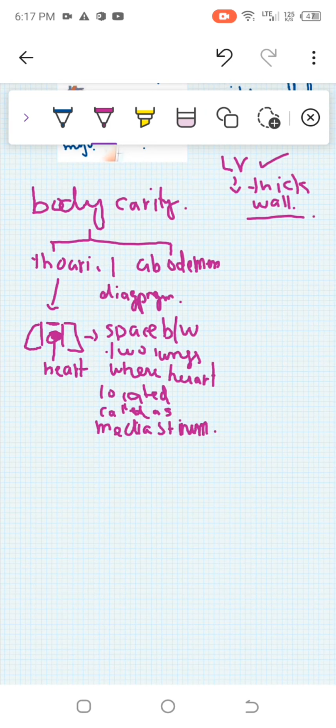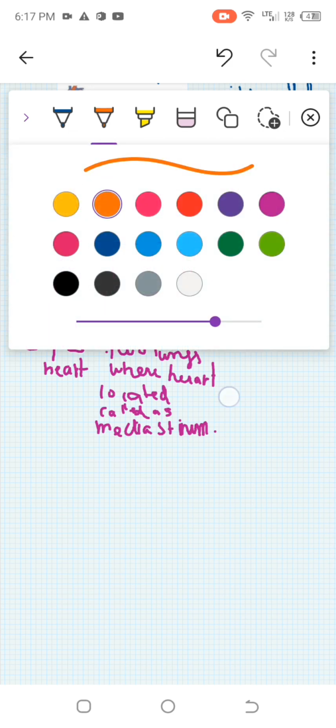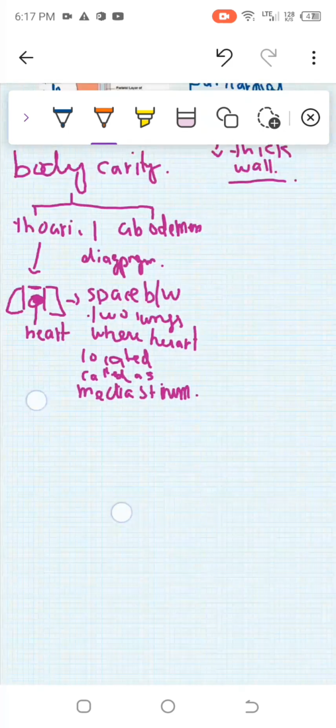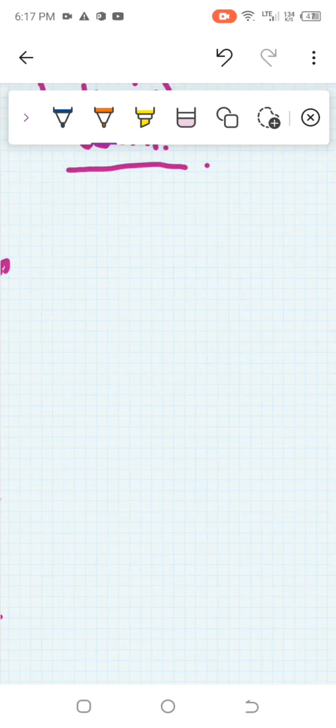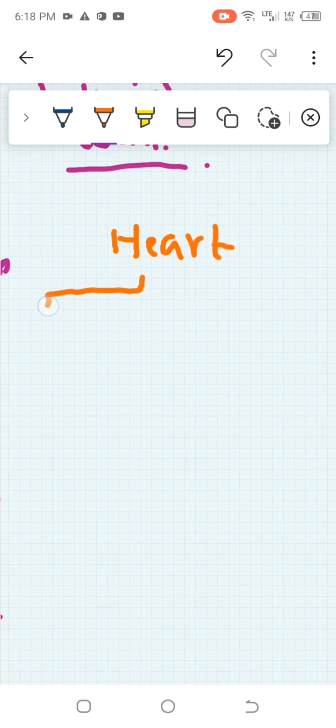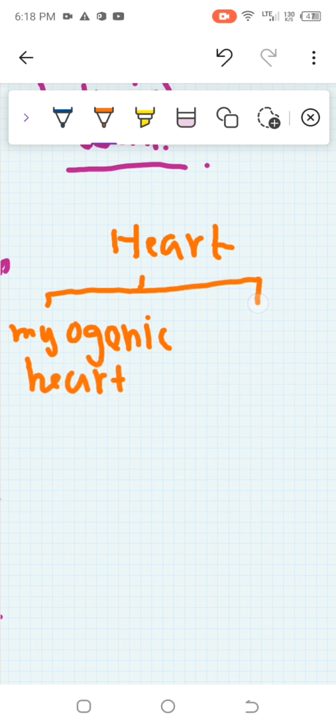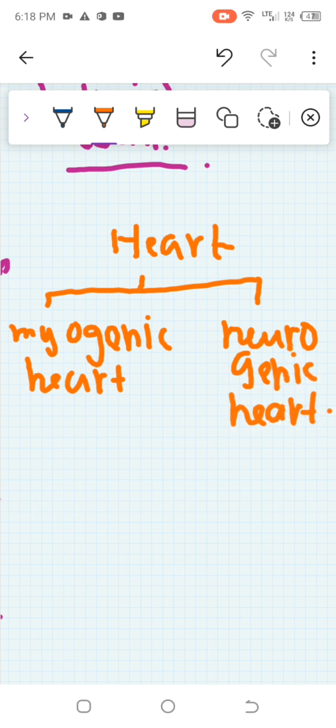Mostly people wonder what myogenic and neurogenic are, so here I'm going to give you the concept. The heart is divided into two types: myogenic heart and neurogenic heart. In a myogenic heart, muscles give signals to other muscles to contract.